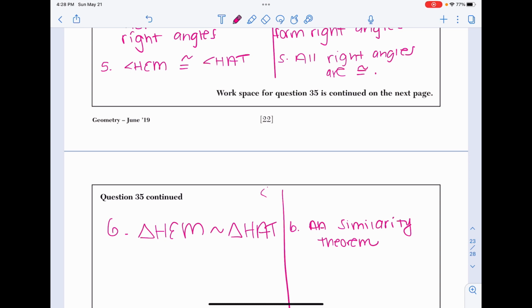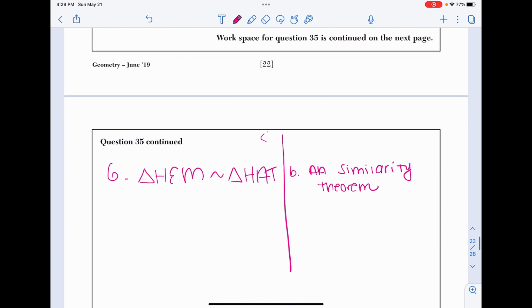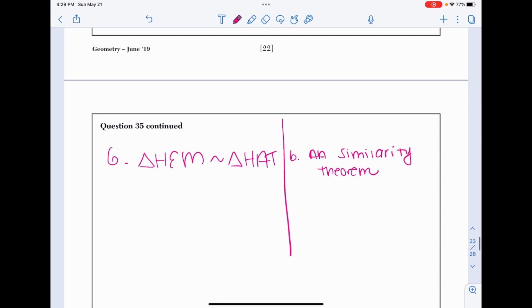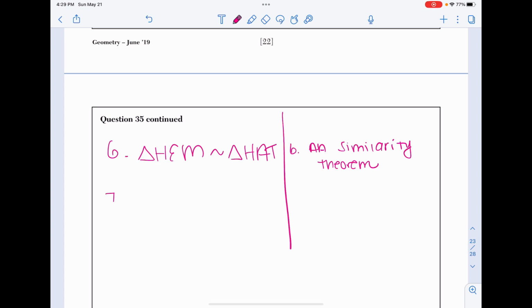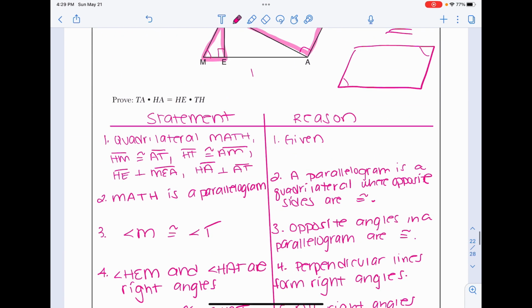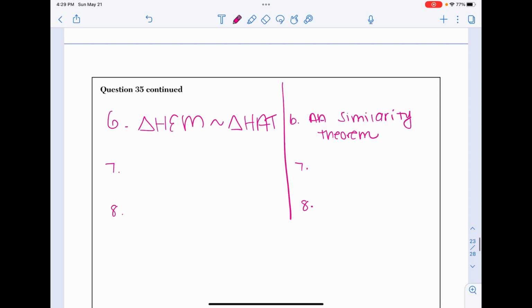Now we have to think about, how can I possibly prove that the product of two segments is going to be equal to the product of the other two segments? Anytime I see that, I know the proof is going to have 2 more lines. So I'm going to do this in kind of a weird order here. I'm going to take the proof statement, which says TA times HA is equal to HE times TH.